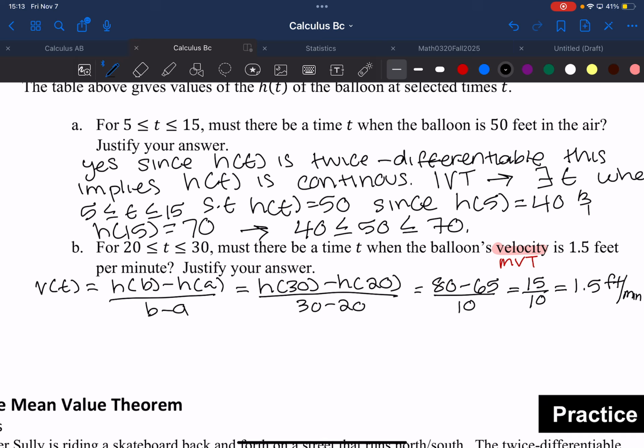So since we were able to get velocity to equal 1.5 feet per minute, which is what they were trying to find, do you think that this answer is yes or no? Yes.